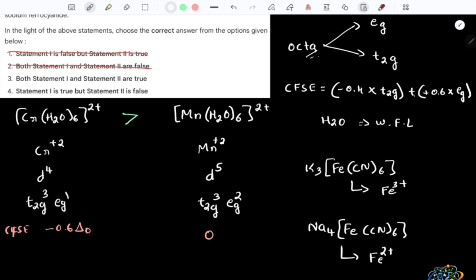Since CN is a strong field ligand, it will start pairing up.